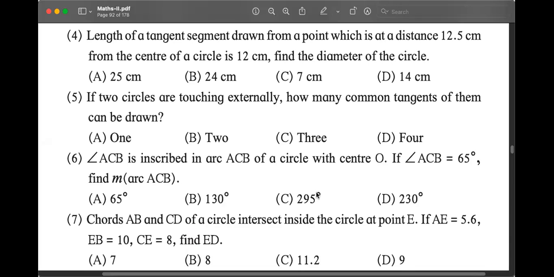There is a circle, there is a tangent. Be careful, there are two distances given. Read the question once again and tell me what is the length of the tangent segment?